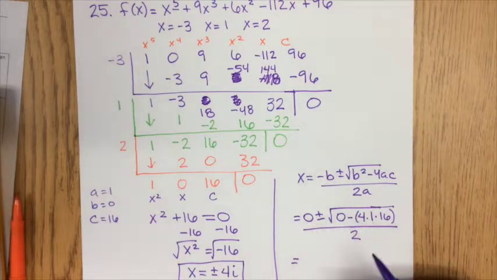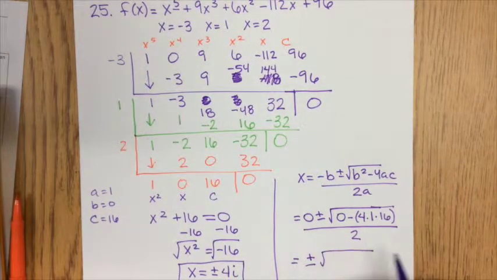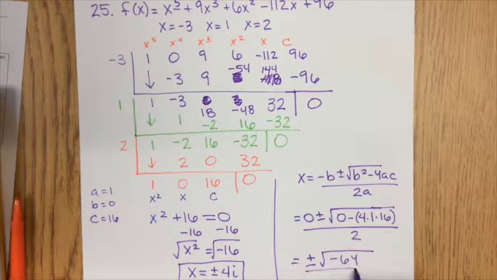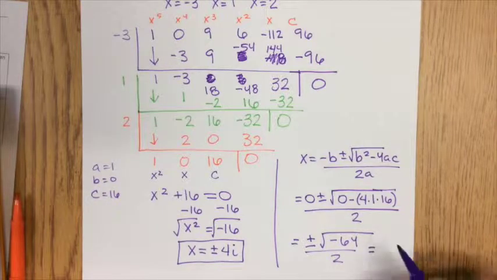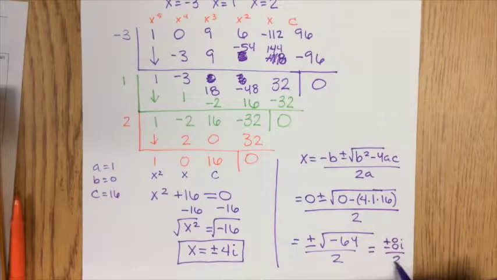Okay, so 0 plus or minus anything, let's just drop that 0. Square root, 4 times 16. 4 times 16 is 64. So it would be the square root of negative 64 over 2, which gives us plus or minus 8i over 2, reduce to plus or minus 4i.